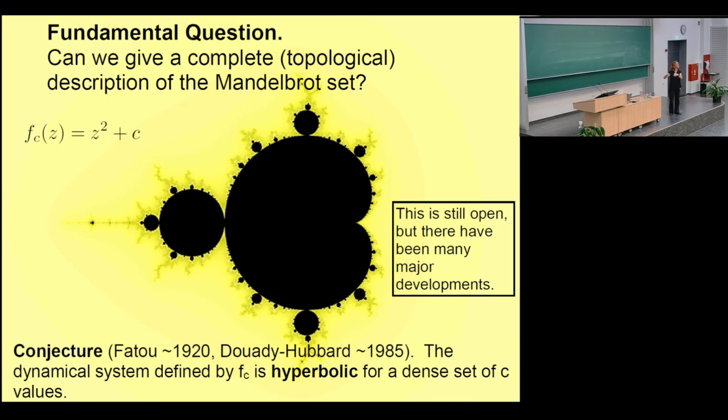This is a big conjecture. If you could prove this set is not just connected, but locally connected, that would imply this density of hyperbolicity conjecture. There's been a lot of work in that direction, but it's just out of reach. So it seems, or maybe not. Maybe it's still really far away.